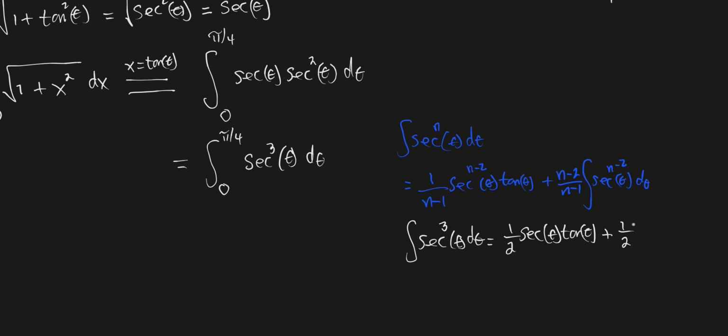So 1 over 2, that's because n is equal to 3. And then we have the integral of secant theta d theta.